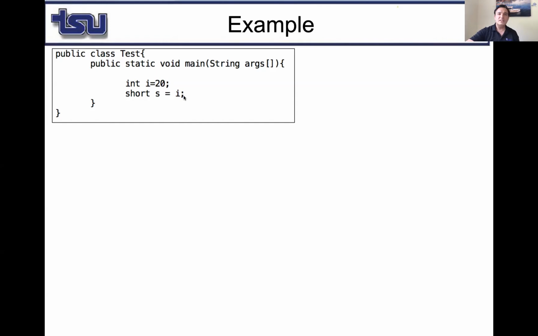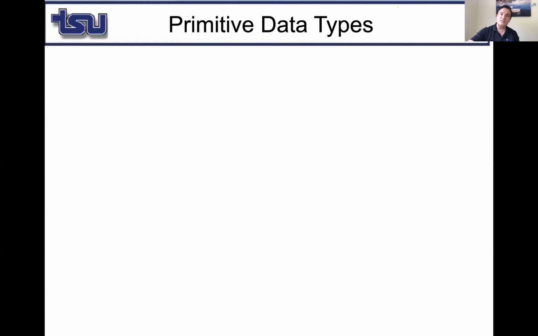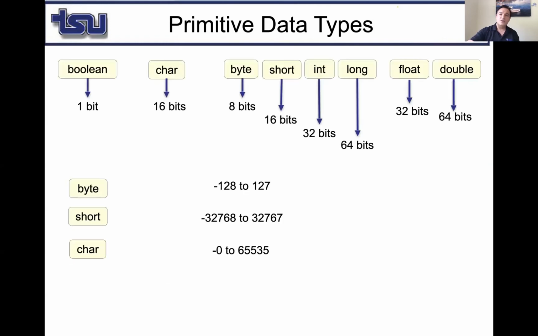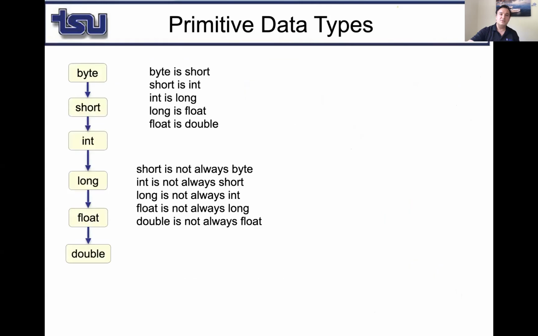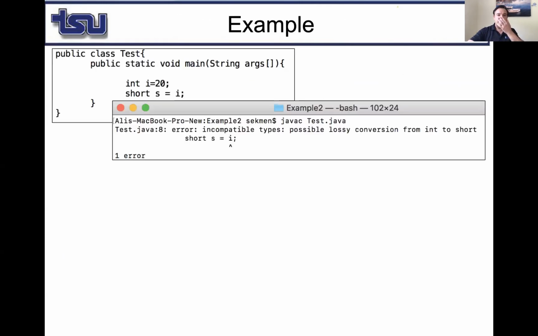Can I do that? Is an int a short? Can I assign an integer to a short? Let's recall, well, short is an int, but int is not necessarily short, right? Sorry, this keynote is a little bit inefficient. Okay, so this will be an error.